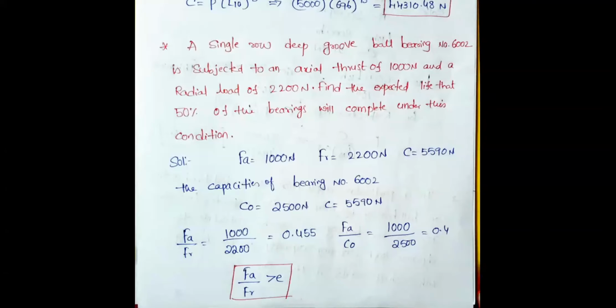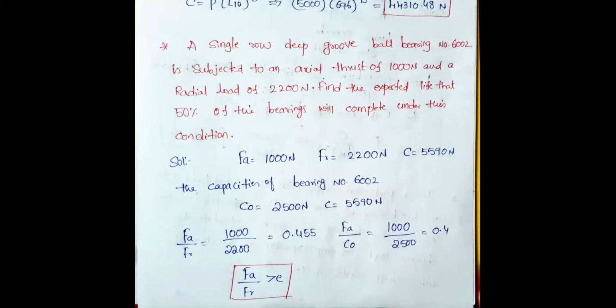Then compare whether this value of FA by FR is more than E or less than E. That is very important. Here I am getting FA by FR value more than E.